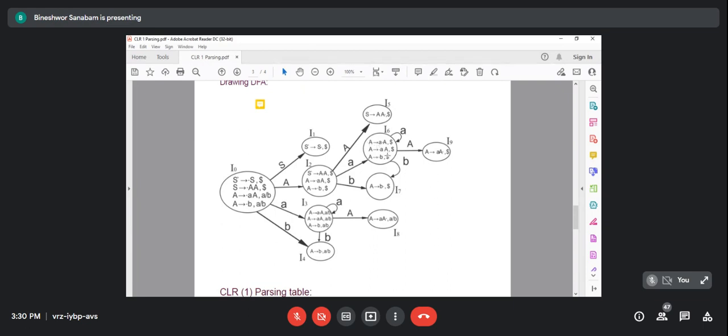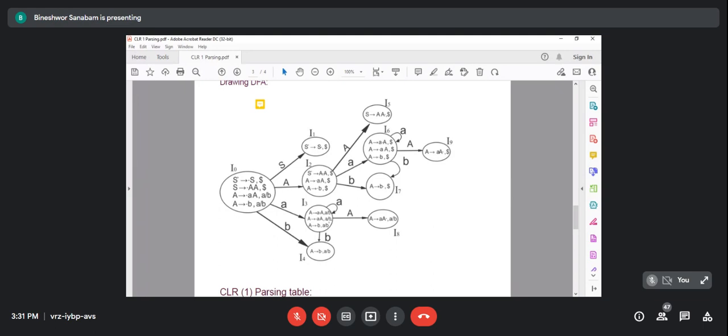Then if you carry it out with b from this I2, then b is our last one, then A implies b dot, comma dollar. Here it's a final item and we don't have to do anything. So that's for this I2.